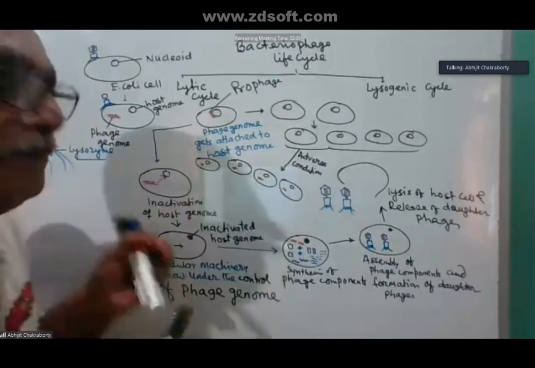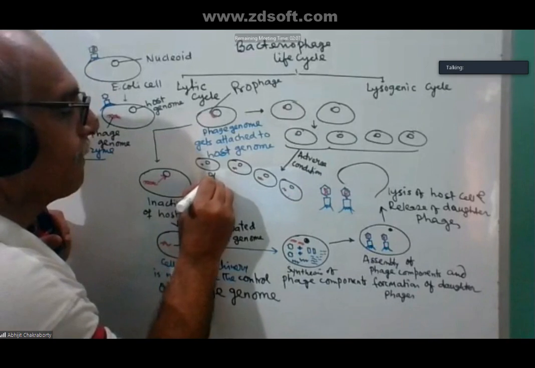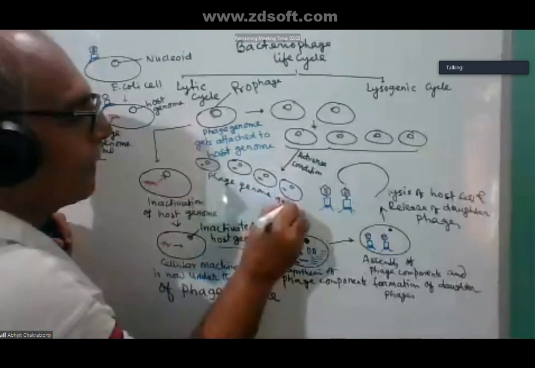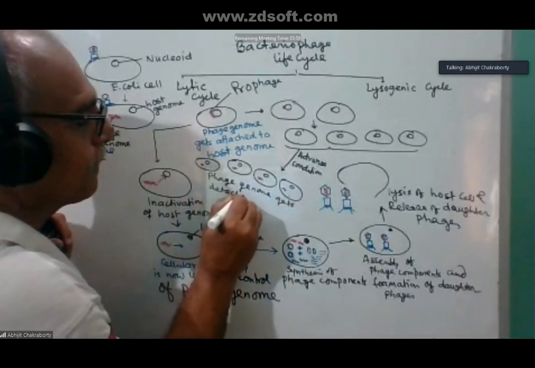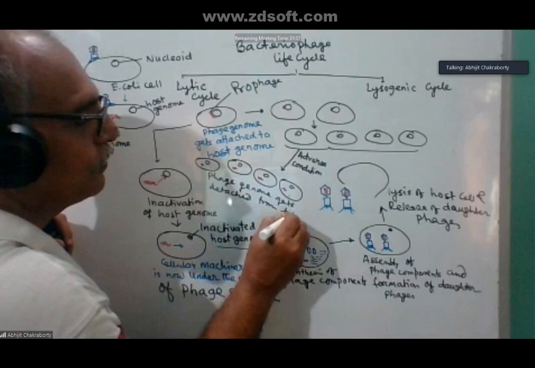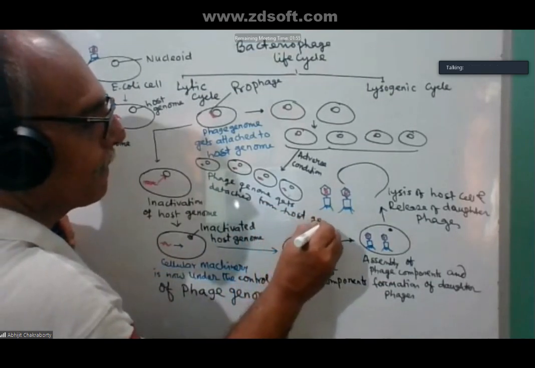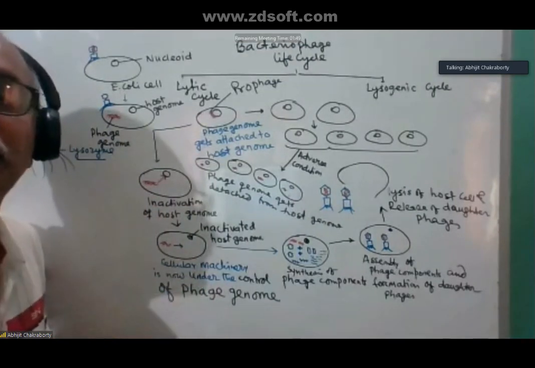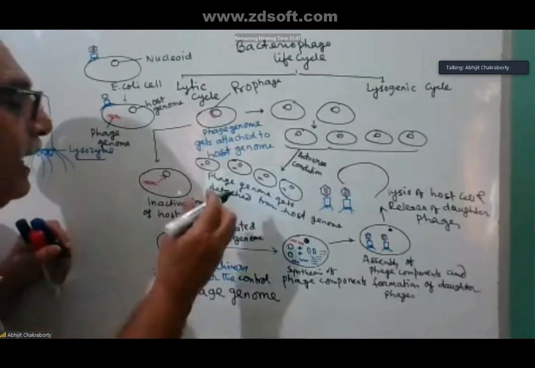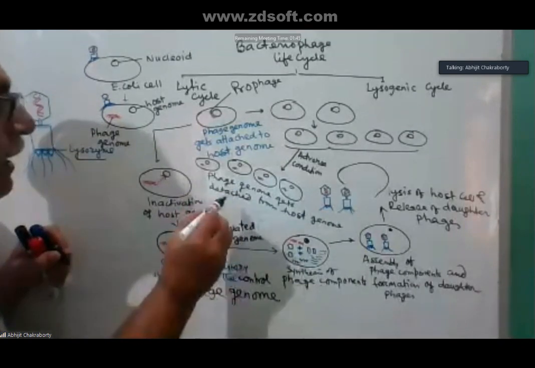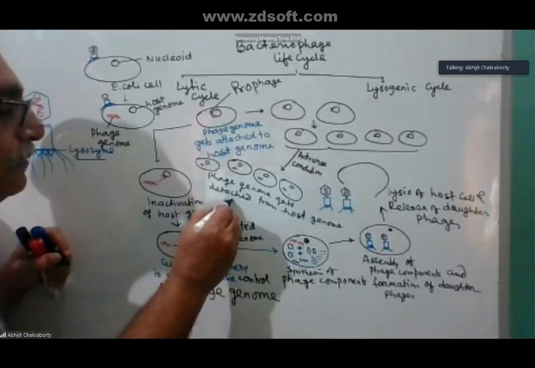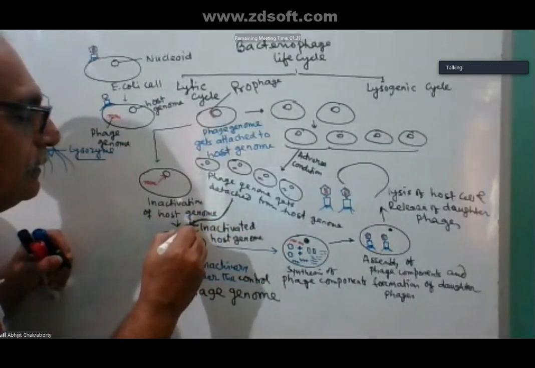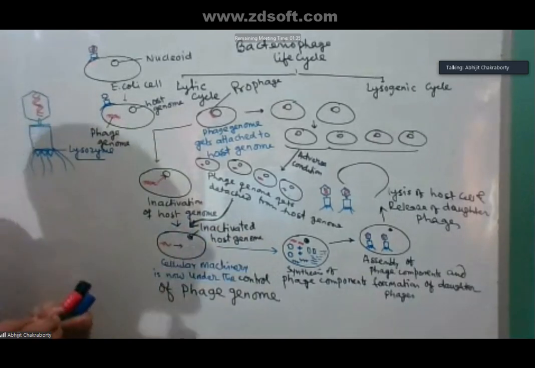So what do you write? Phage genome gets detached from host genome. You will make a snapshot also. That is easier for you. After that, what will happen? It enters the lytic cycle.